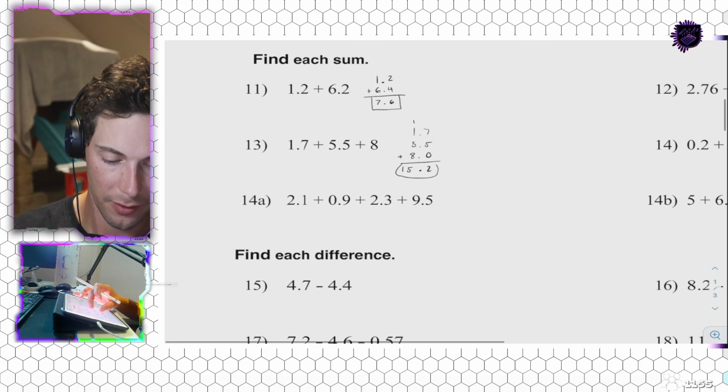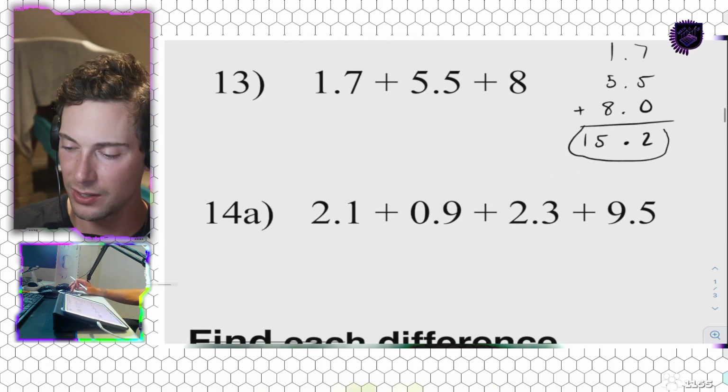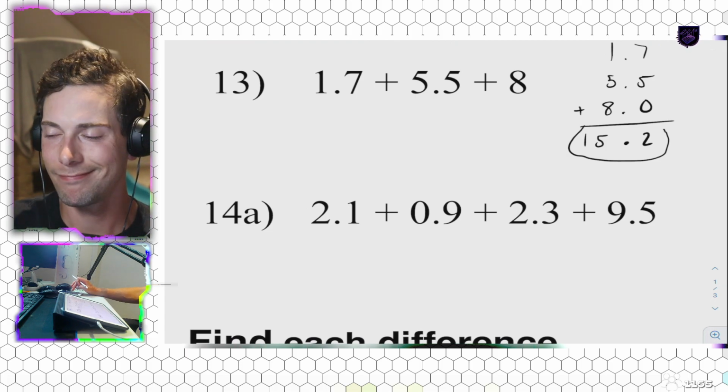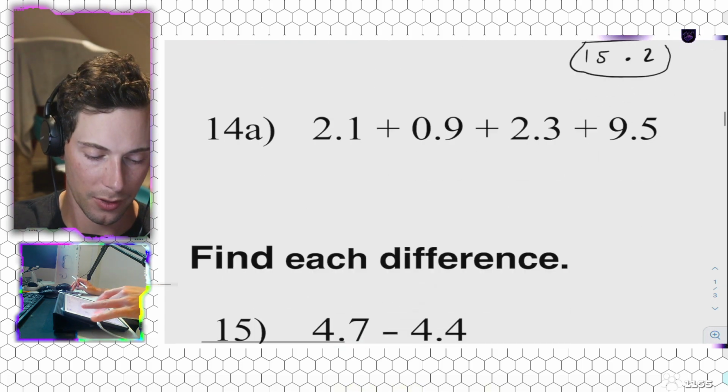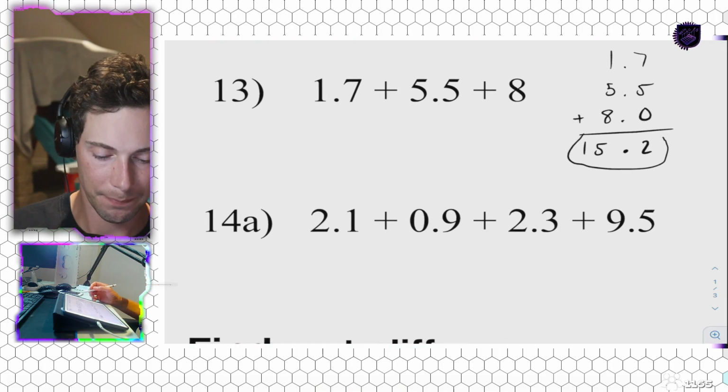Question number 14A. This is 14A is only if you have an ID 2. If you have an ID 1, jump ahead to question number 15. Question 14A.